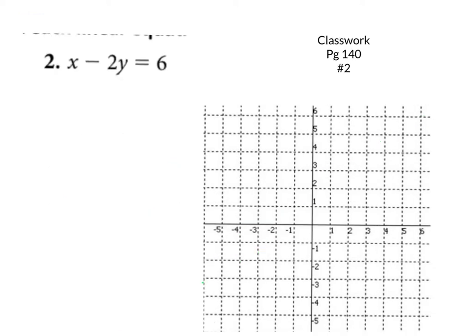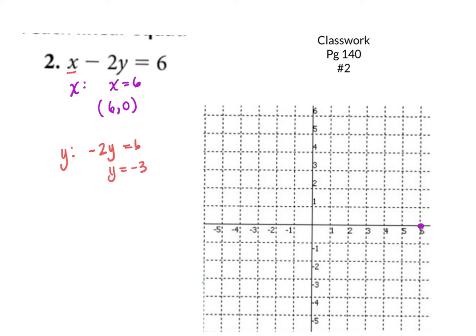All right, so your x-intercept here. For the x-intercept, you make your y 0, so you end up with just x equals 6. So your x-intercept here is 6, 0. For your y-intercept, you make your x 0, so you're going to have negative 2y equals 6.